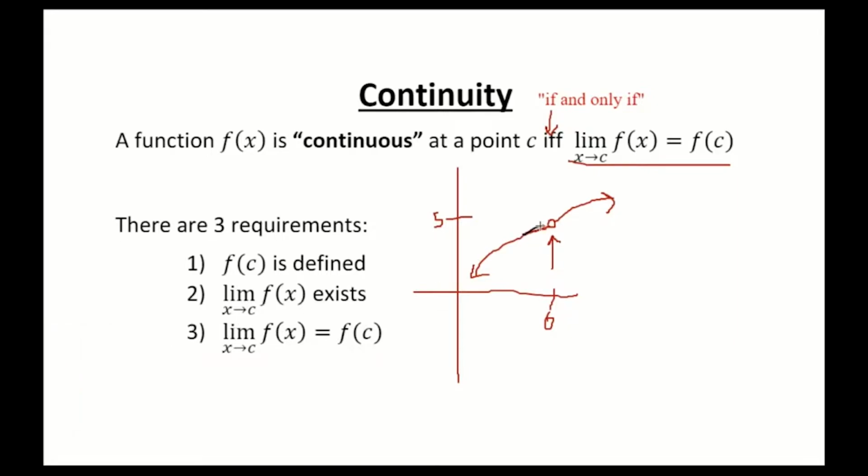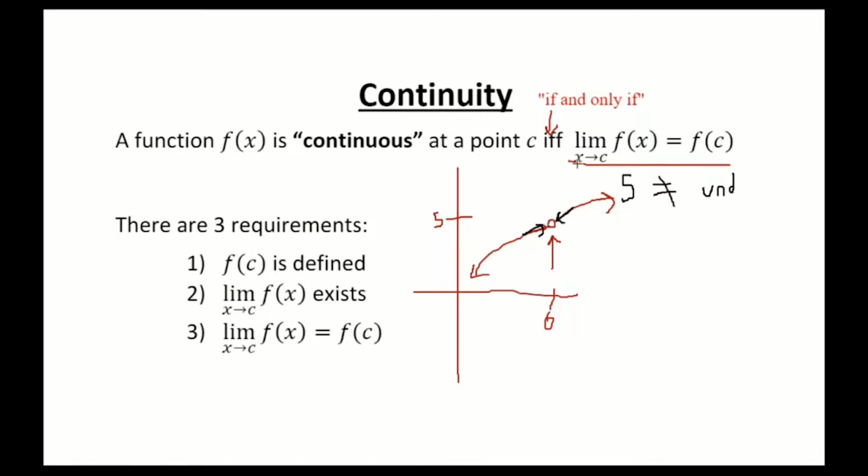We can see as we travel from the left and from the right that we're getting closer and closer to y equals 5. However, the function is not defined there. So while the limit would be 5, this value is undefined. If I try to plug in 6 into my function, there's no point there, so it'd just be undefined. And the fact that these are not the same means that the function is not continuous there.